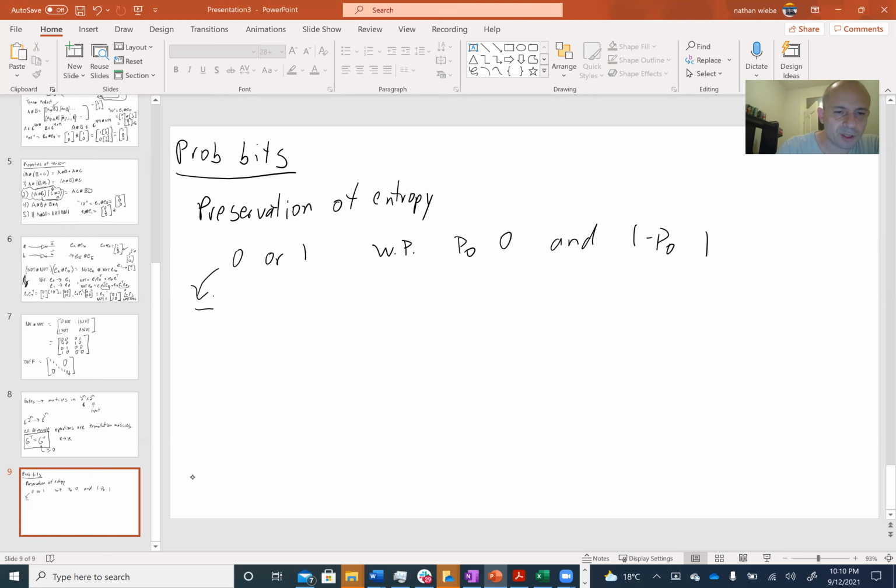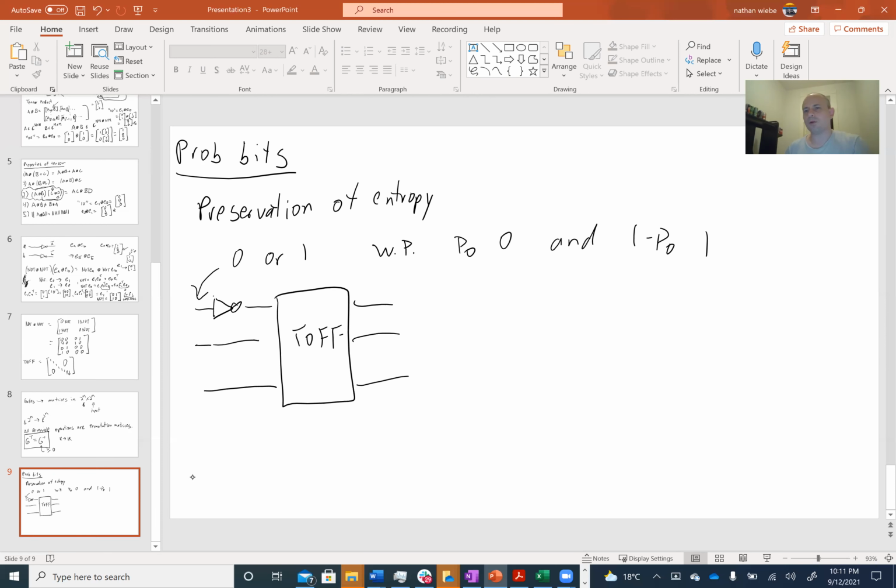Okay, and then we can feed these in through any reversible network that we feel like, some NOT gates, some Toffoli gates, what have you. Okay, so that is basically how this ends up working, and the way that we can end up describing this probability distribution is through a probability vector.